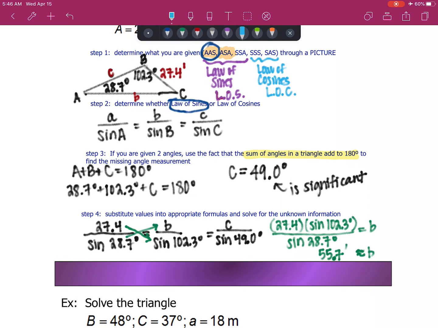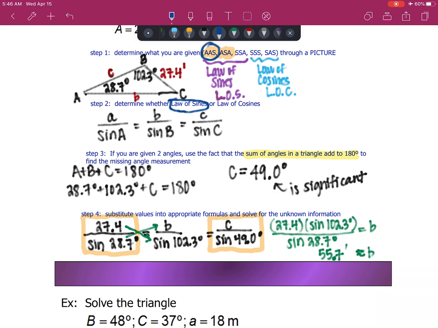Now you're going to do the same thing to find C. However, I'm not going to use my rounded value for B. So I'm going to go back to my given ratio. That was given, so I'm not using any rounded values. I'm going to use that ratio with the ratio that has a variable in it, and cross multiply and divide again.